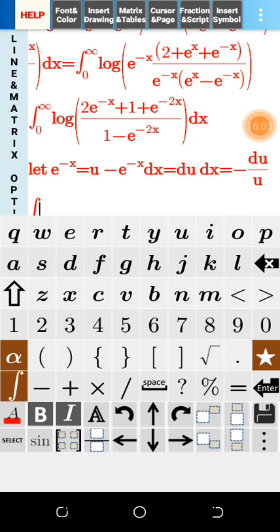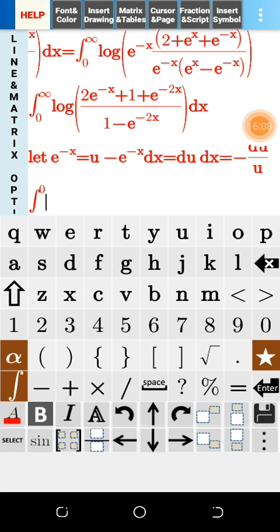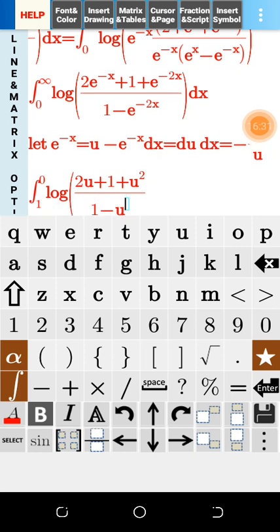So we have the integral from 1 to 0 of log of (2u + 1 + u squared) over (1 minus u squared) multiplied by minus du over u.